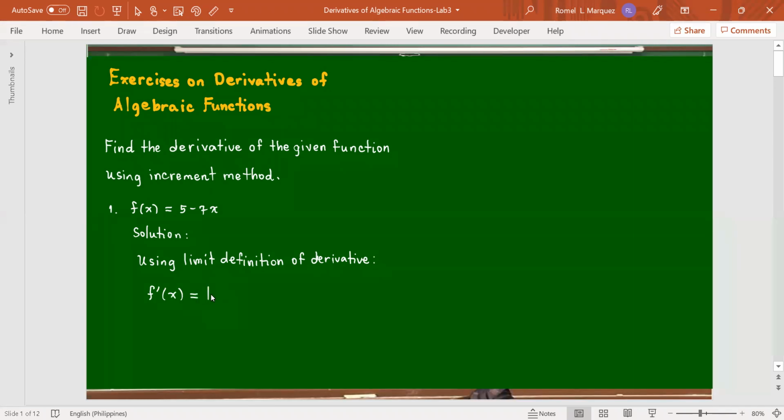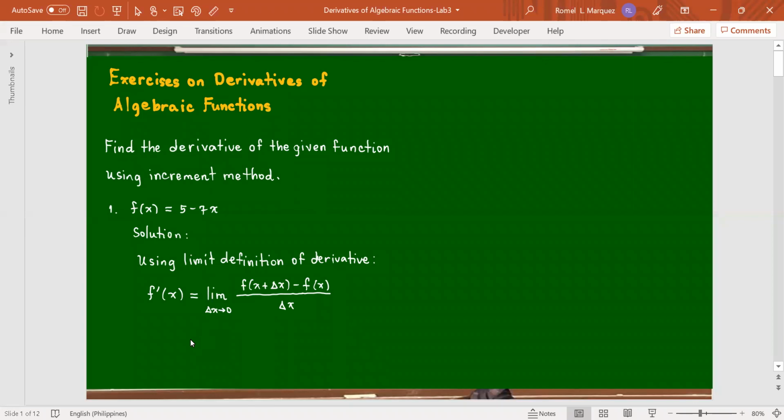It is equal to the limit as delta x approaches 0 of f of x plus delta x minus f of x, all over delta x, no? Of course, we assume that for f prime of x to exist, this limit must exist. Get it, guys?